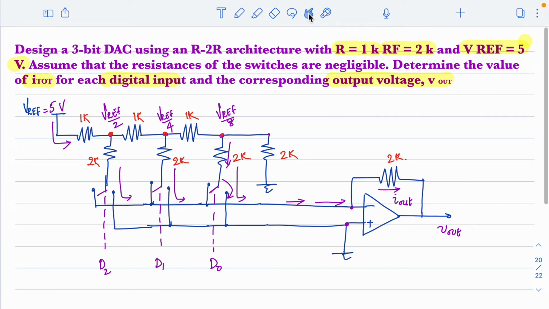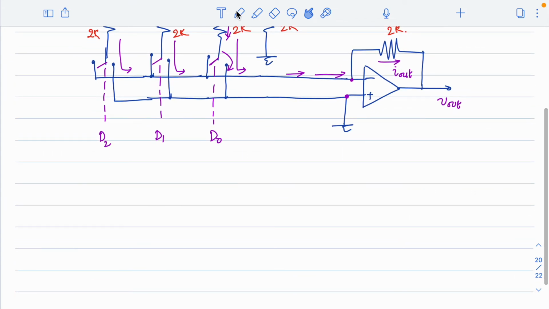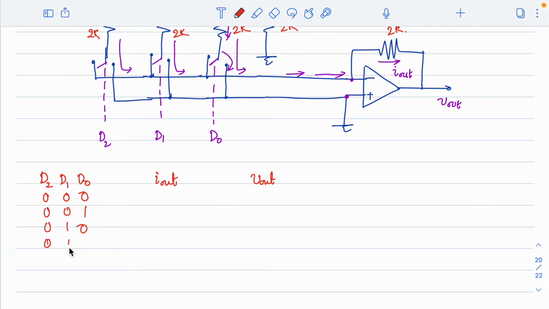Right? So what we need to do here is write D2, D1, D0, then find the output current I out, and then find the V out. So for every input digital data 000, 001, 010, these are the input digital data, right?